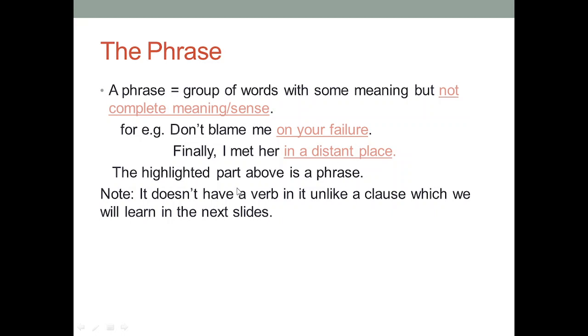So the fact we have to remember is that a phrase doesn't contain a verb. Now you can find whether a group of words is a phrase or a clause. We will learn about clause in the next part.